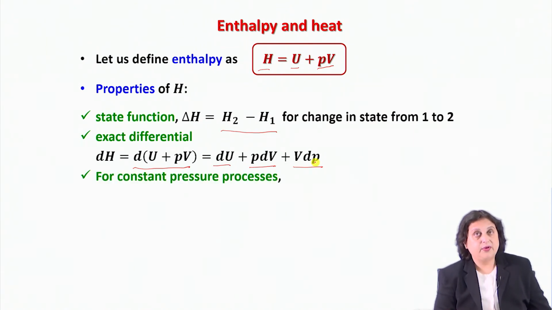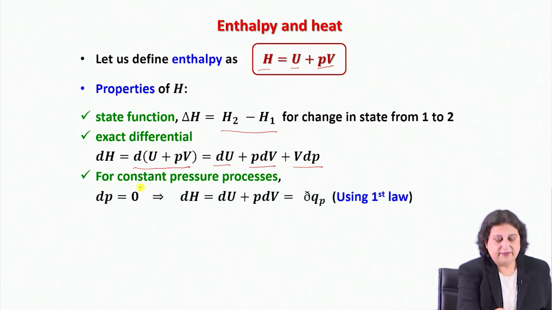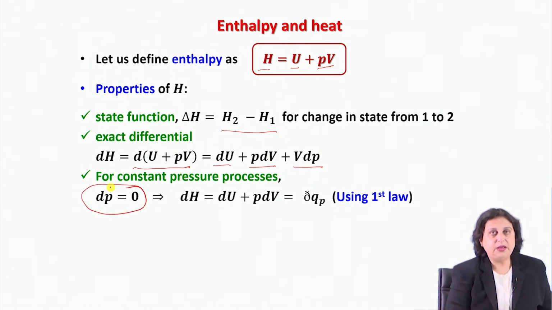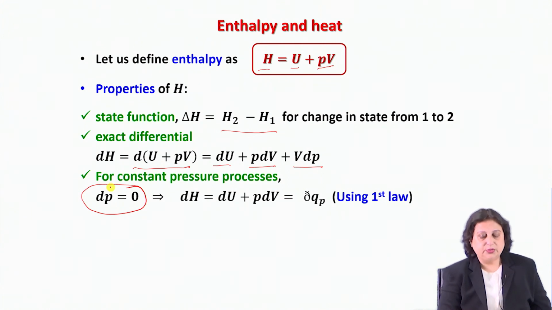Now if I have a constant pressure process, under that condition, what shall I have? I will have dP equal to 0. So under this condition of constant pressure process, what would be dH? dH now is going to be dU plus P dV.